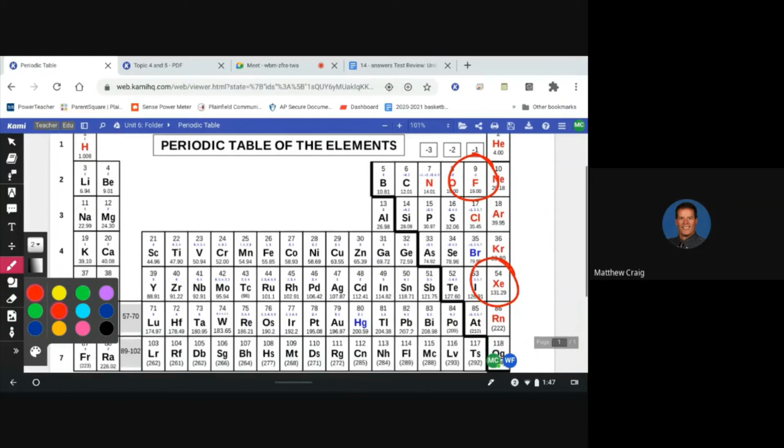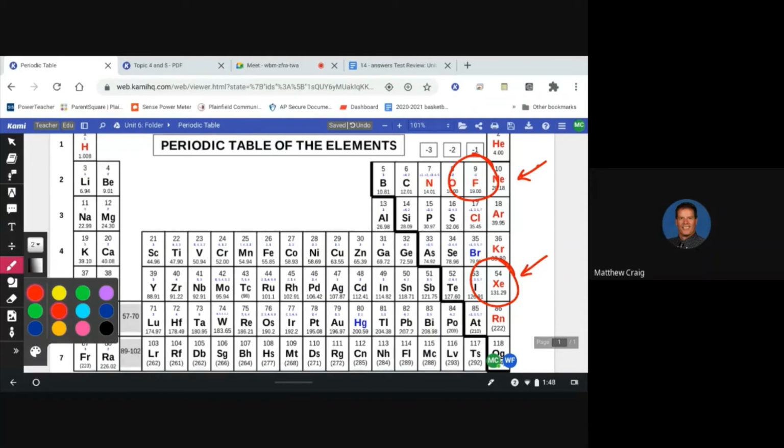And when we talk about trying to make compounds with neon, how successful are you going to be? Not at all. It ain't going to happen. But xenon, oh yeah, xenon is so big it doesn't even realize other atoms are jumping on it and sharing those electrons.